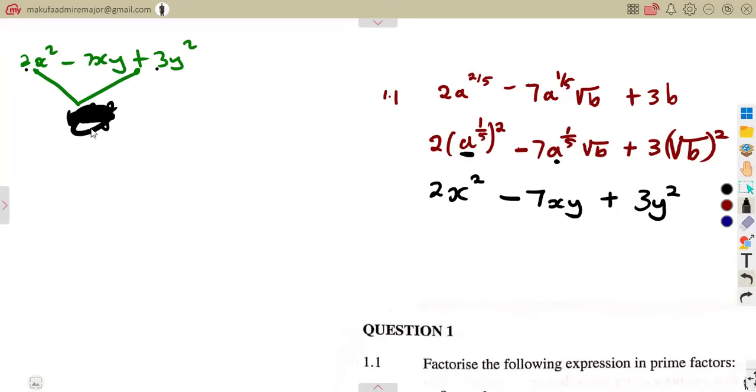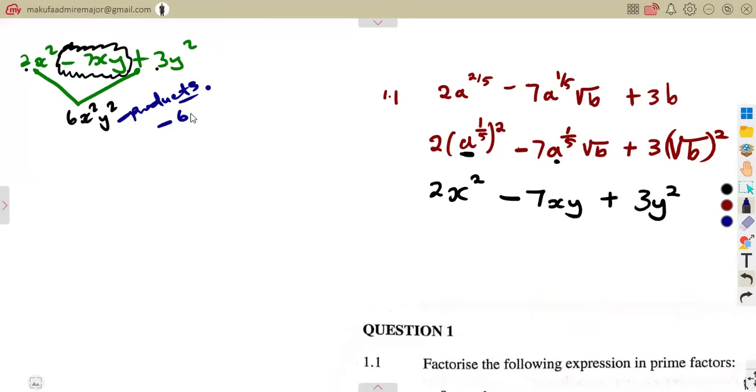We multiply these 2 terms to obtain 6x squared y squared. Add the 2 terms that you multiplied, and they must give you the middle term, minus 7xy. So which 2 numbers are we talking about? The 2 terms that you multiply, you obtain positive 6x squared y squared.